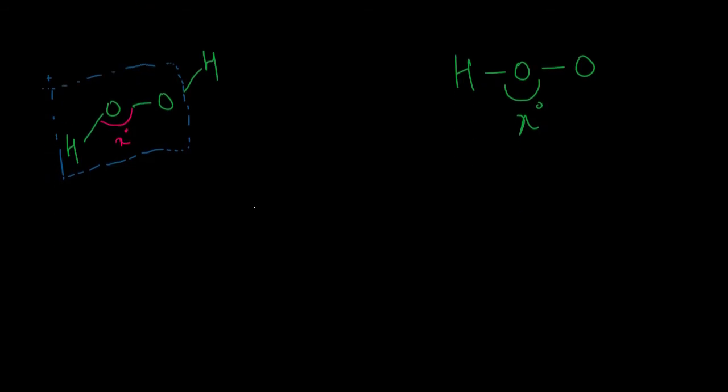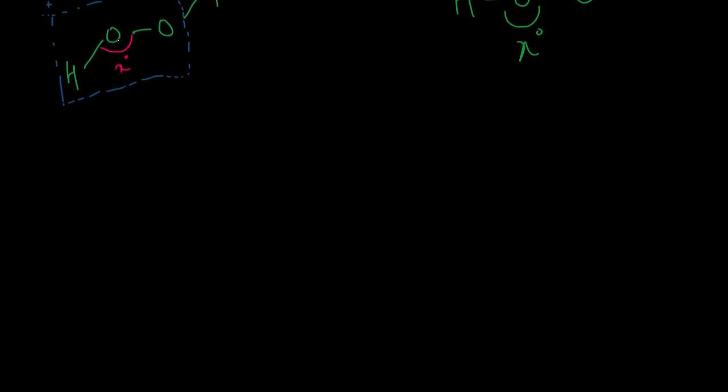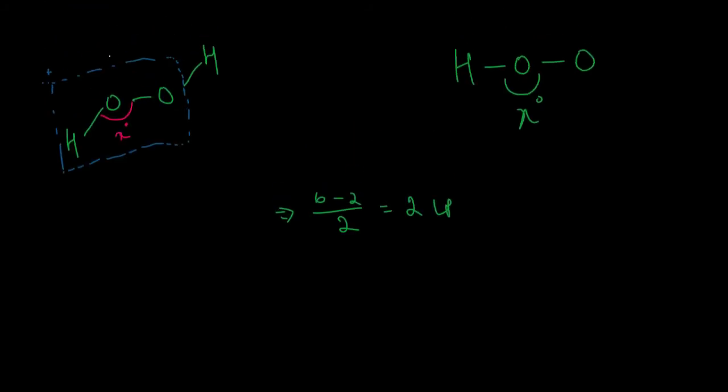So this is my central atom now, inside this portion. I'm going to figure out the number of lone pairs on that oxygen. Oxygen is in group 6, minus the number of bonds formed. This oxygen has 2 bonds, right? One with this hydrogen and one with the other oxygen. So that's the 2, and then divided by 2, that's the formula. So I have 2 lone pairs. The lone pairs are probably here.